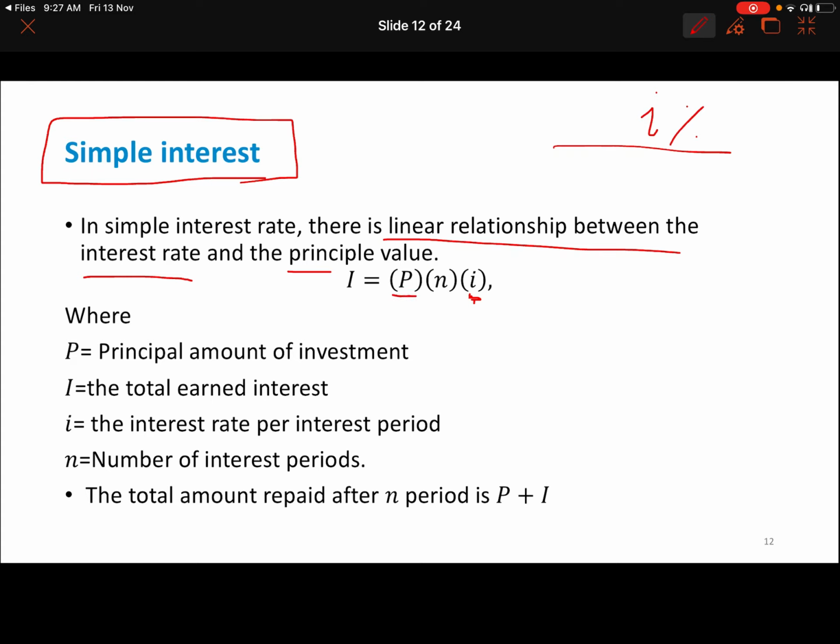So the interest amount, which is the increase over the principal amount. I have the P, and I need to know what I will have after n years.